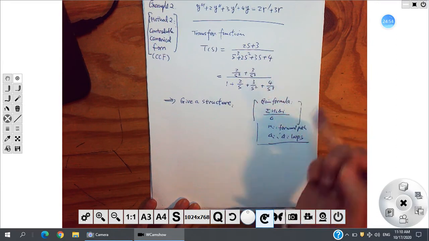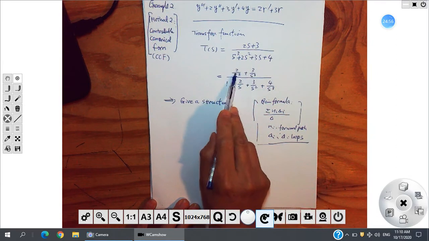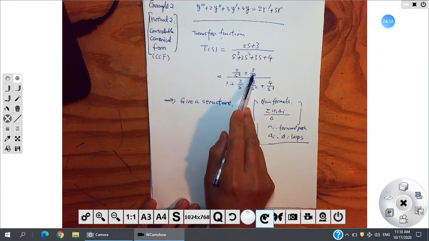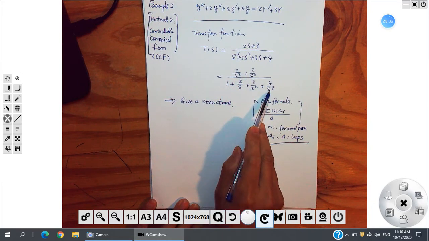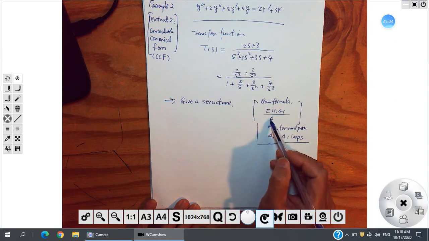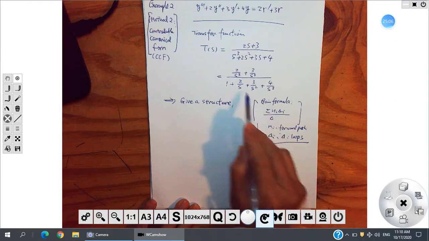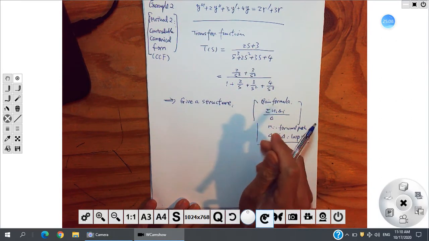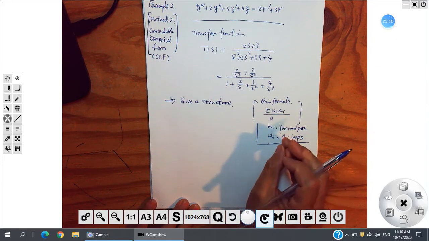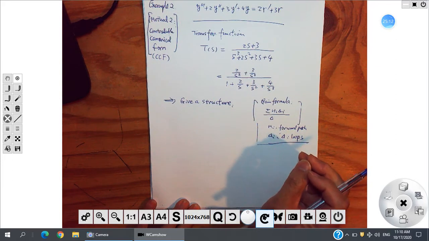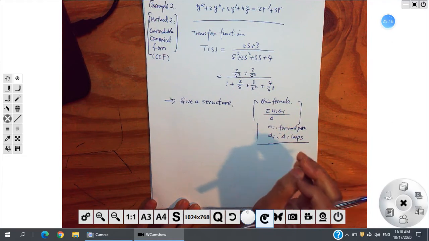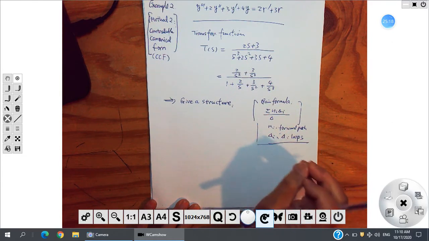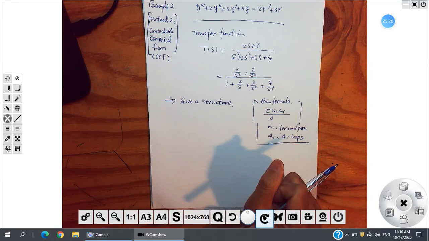For that structure we need 2 forward paths, and we can have 3 loops. When you write the delta, remember, you need to consider single loops, pairs of loops and triple loops, but you need to have the condition that those loop pairs or triples of loops do not touch each other.